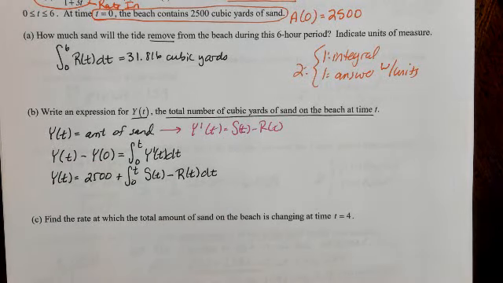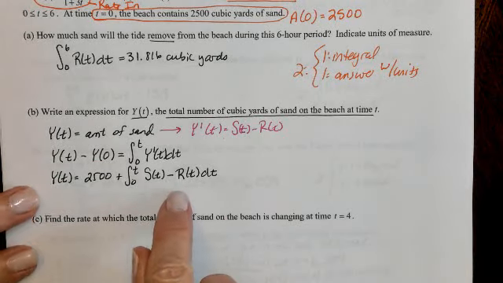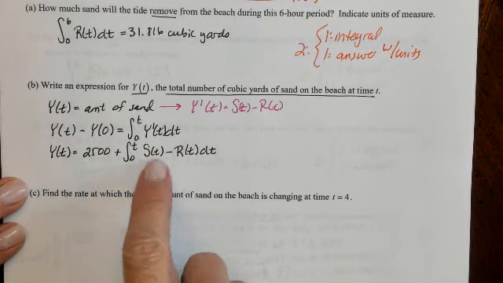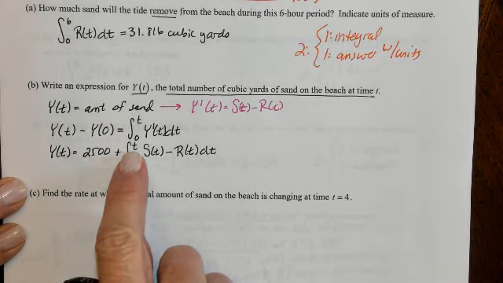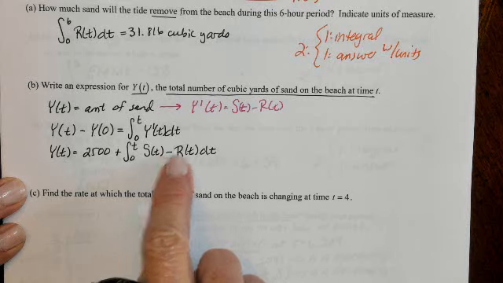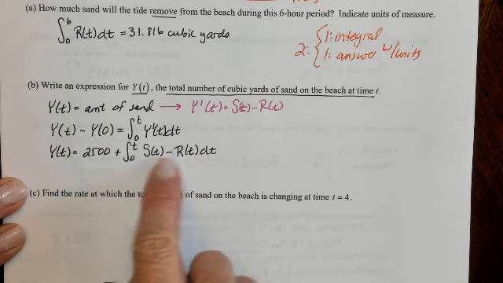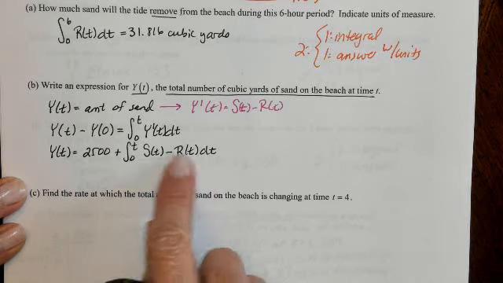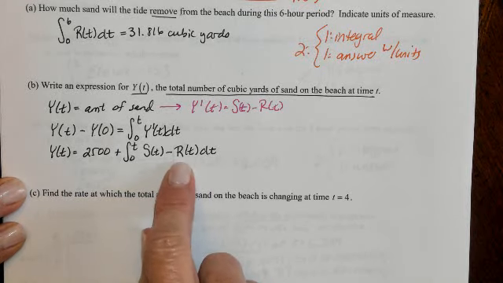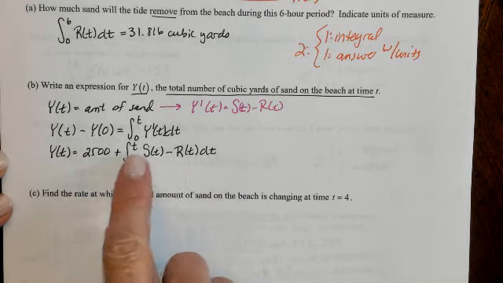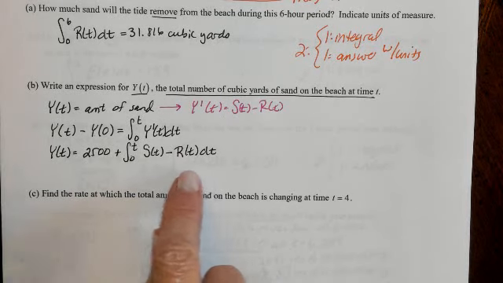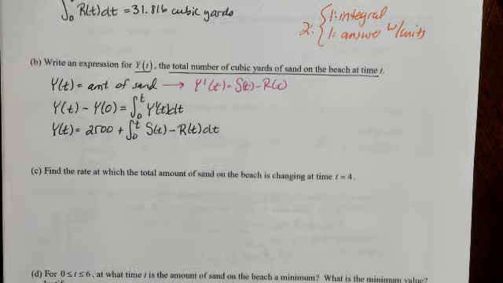Now, if it bothers you to see t's here and a t there, you can totally change this, make these x's or some other letter that's not being used in the problem, okay? But I don't have a problem with the t's all over the place, neither does AP. Neither do the graders.